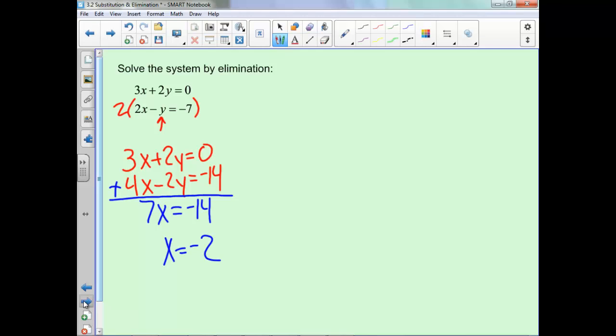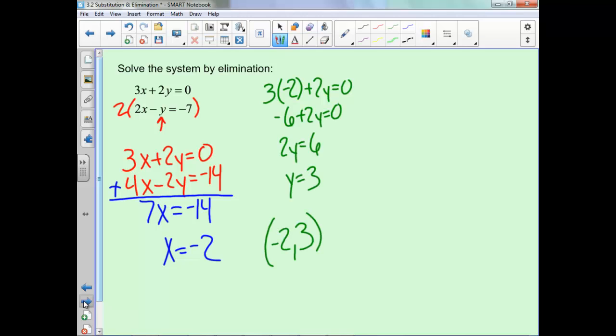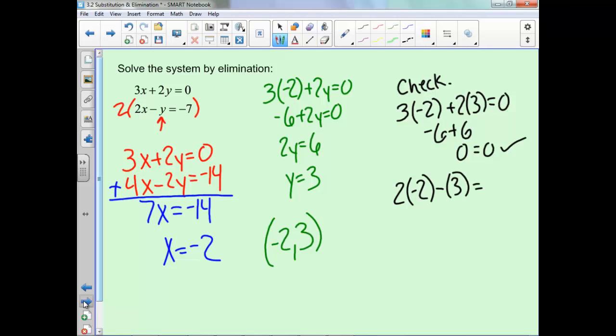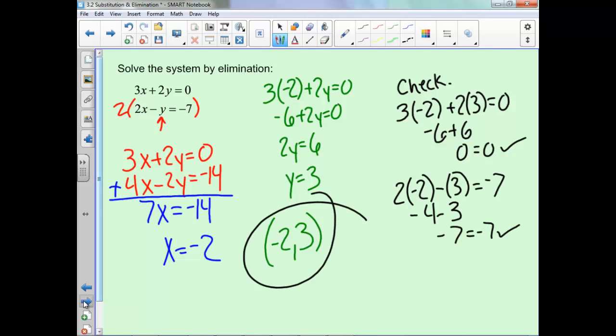And we'll get x equals negative 2. Now we have to figure out our y. But once again, we've got to check our answer. It works, so that is our answer.